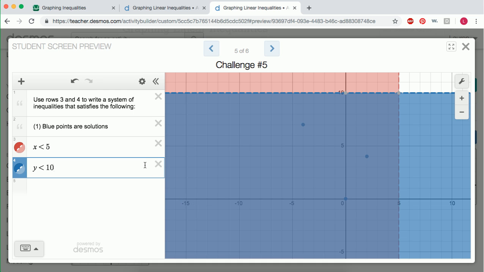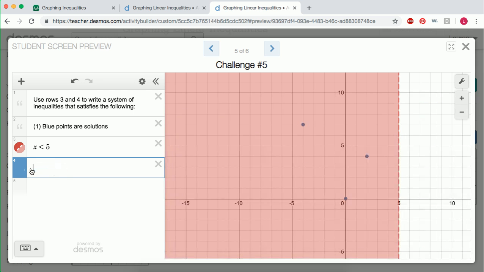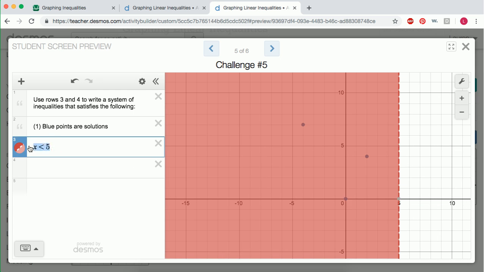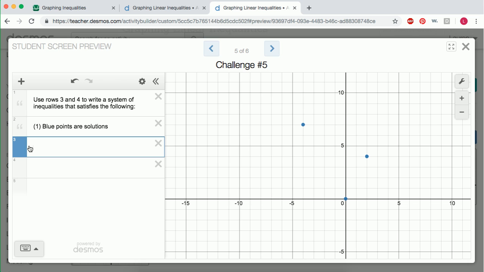Now, if we wanted to make it a bit harder, we could have lines intersecting these points and make inequalities out of those. So if we want to find the slope of a line that would intersect this point and this point, we'll do rise over run.